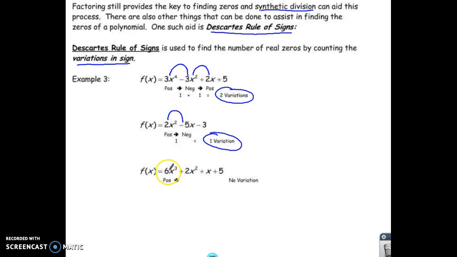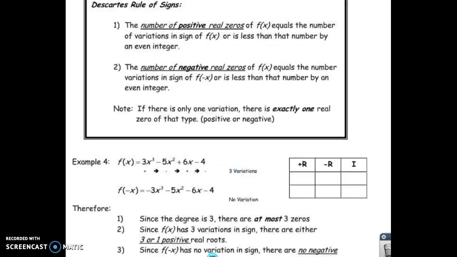This third example, excuse me, we have a positive, we stay positive, we stay positive, we stay positive. There are no variations. So that's just to get you into the idea of how many sign changes, or sign variations, there are. This had 2, this had 1, this had 0 variations.